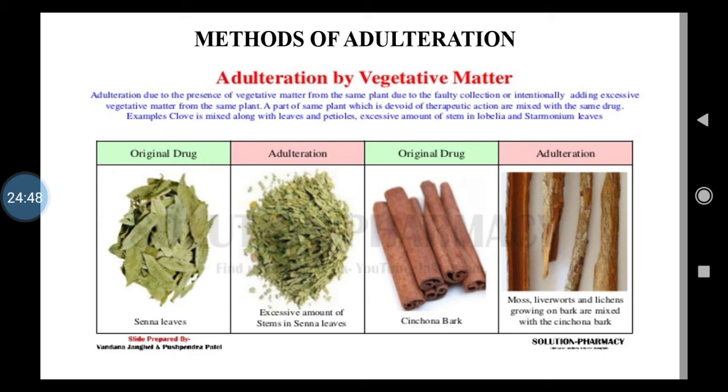Then the other example is cinchona bark, with moss and other parts like lichens. Other vegetative parts from the same plant are admixed with the original drug.